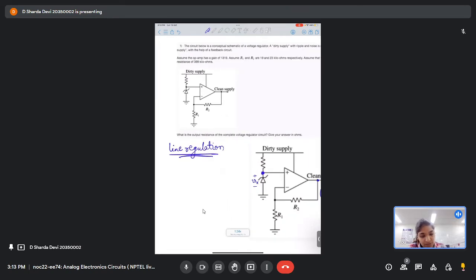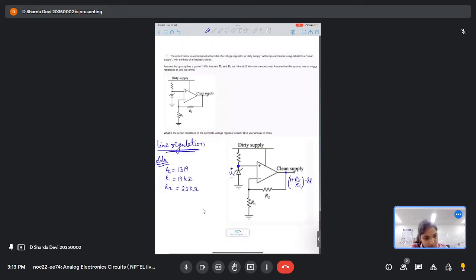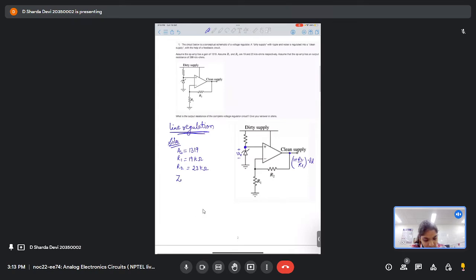Now moving forward with the solution, it is given that the gain of op-amp, that is open loop gain, is 1319, R1 is 19 kilo ohms, R2 is 23 kilo ohms, and op-amp has an output resistance Z0 of 399 kilo ohms.